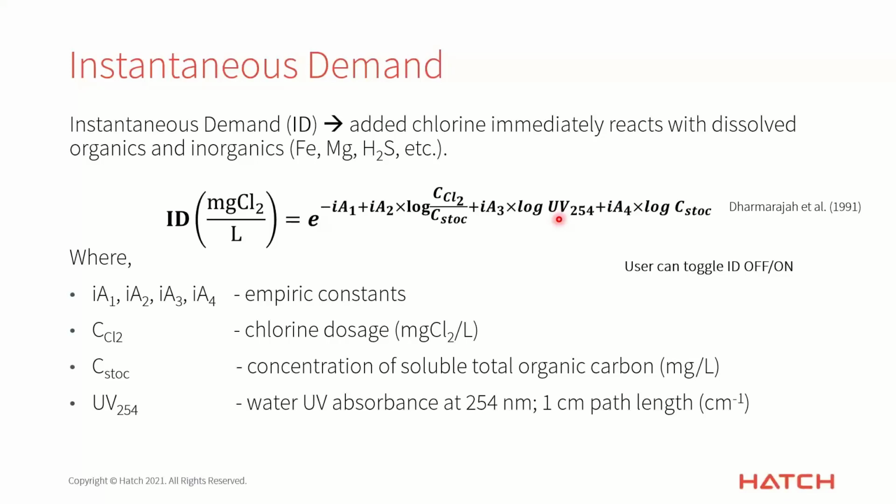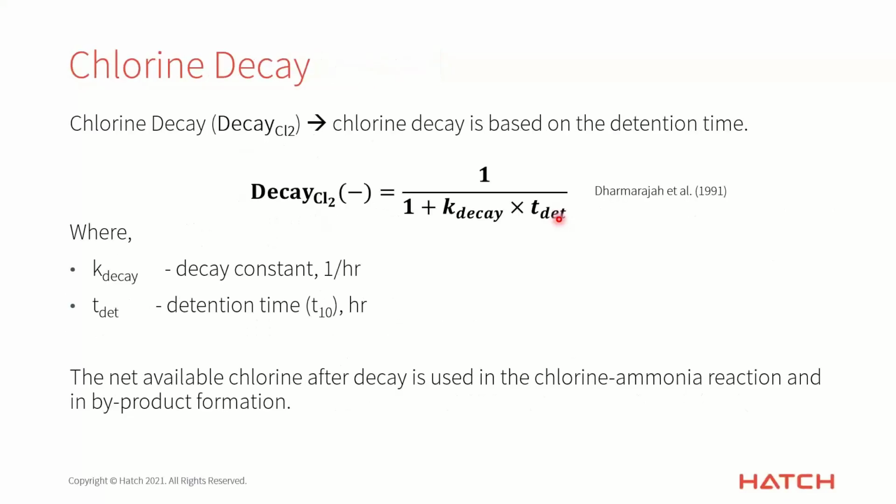And basically, the way this model works is that any increase in the chlorine dosage, the UV254, or the total organic carbon leads to a higher instantaneous demand. But there is some flexibility here. The user can toggle the instantaneous demand option on and off if they feel they don't need it in their specific layout or process. And the user can also calibrate the relationship by changing the empirical constants that you see here, these A1s through A4s on the slide.